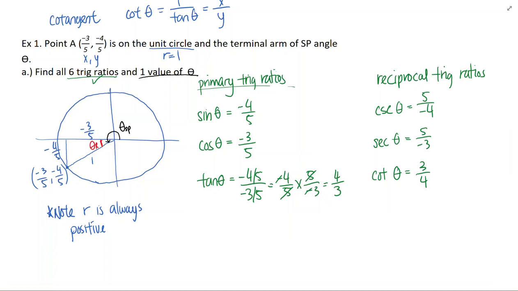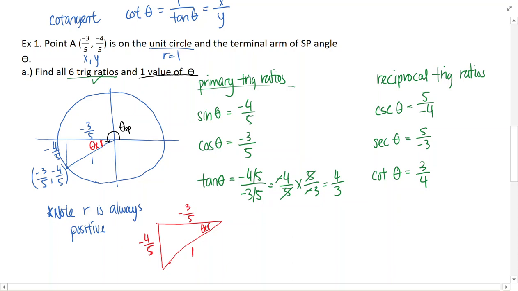If we magnify this triangle, if we separate out the triangle, this is our angle, and these are our sides, -3/5 and -4/5. And this side is going to be 1.